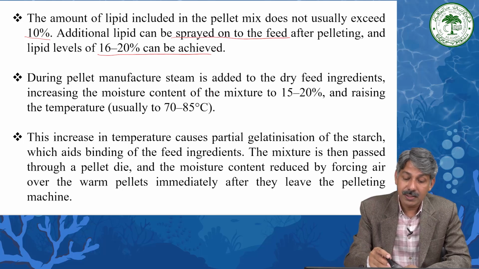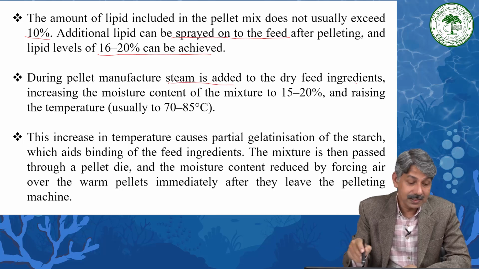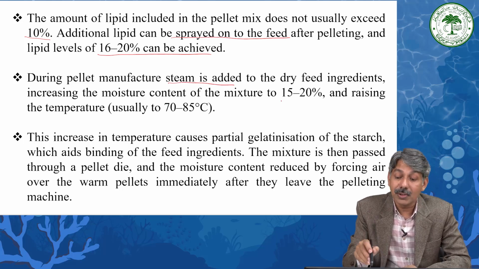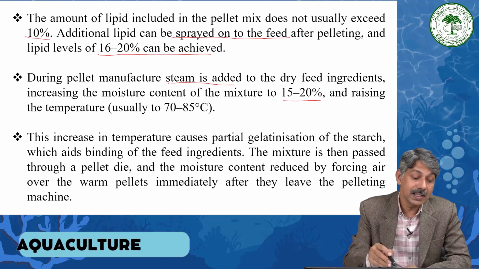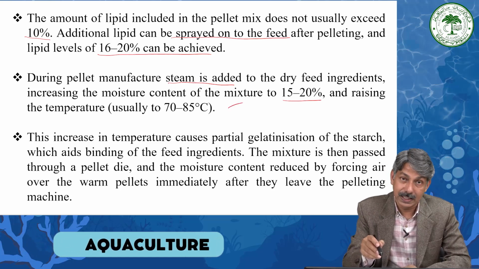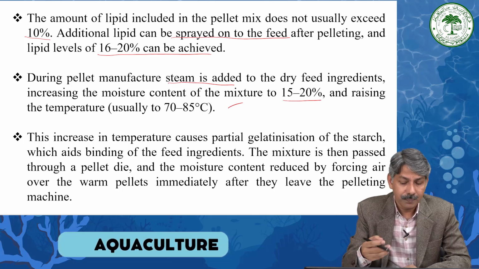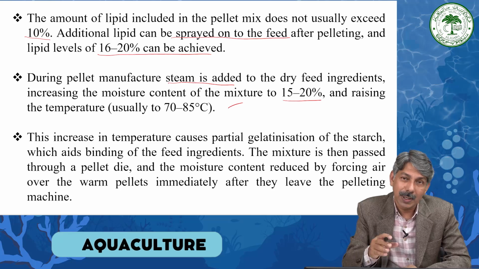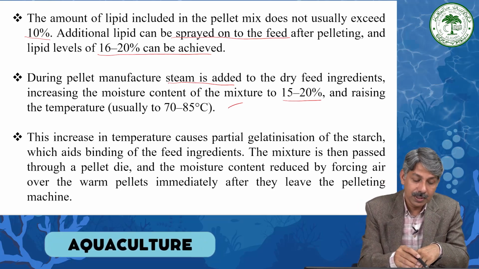During pellet manufacture, steam is added to the dry feed ingredients, increasing the moisture content of the mixture to 15 to 20% depending on your requirement, and raising the temperature usually to 70 to 85 degrees centigrade. Depending on what kind of sinking pellet you wish to manufacture, you can vary these parameters according to your requirements.